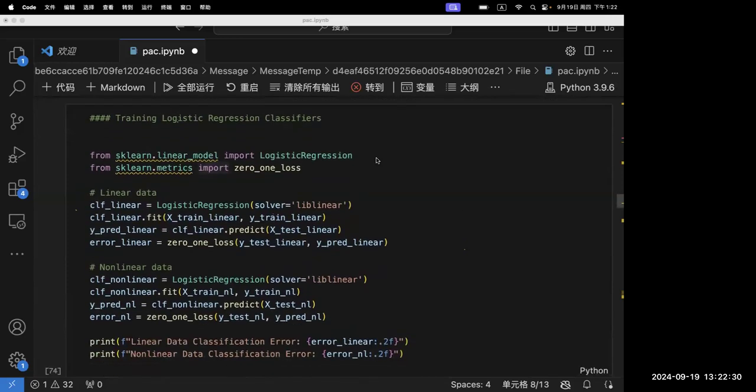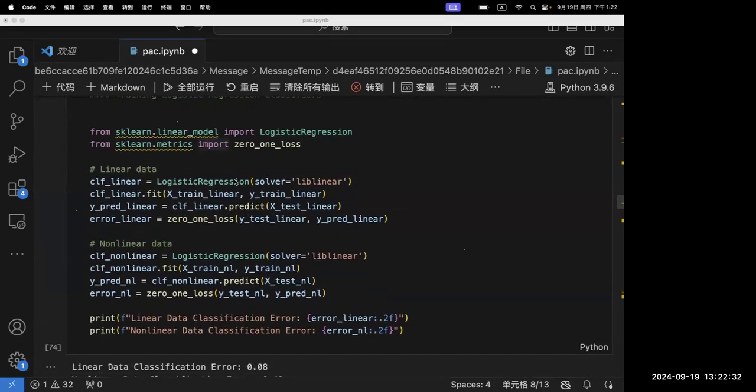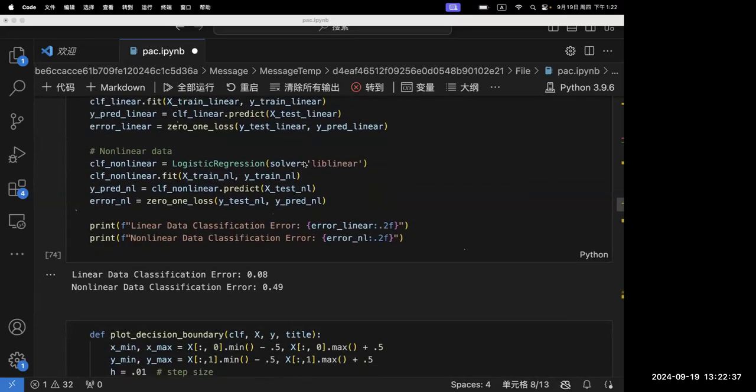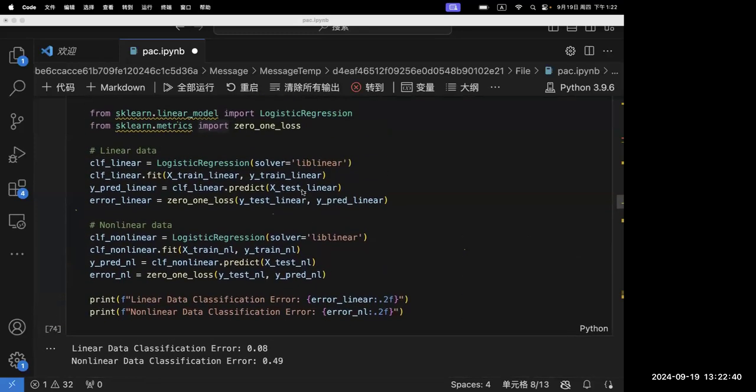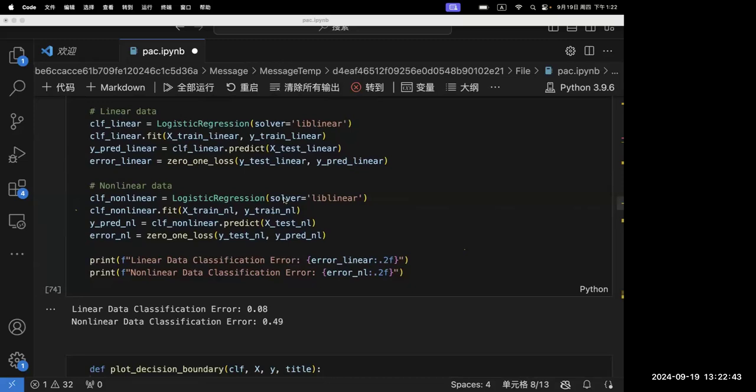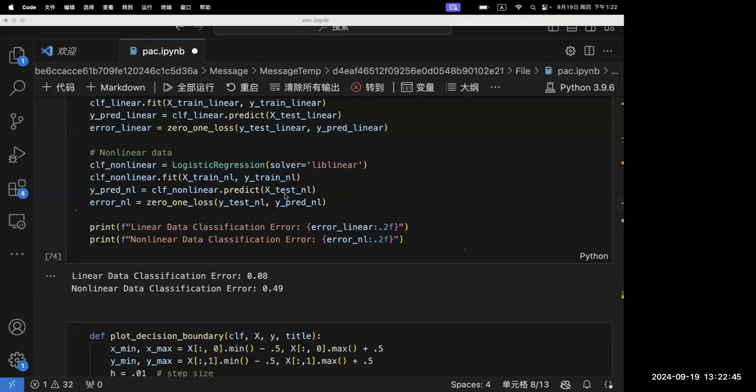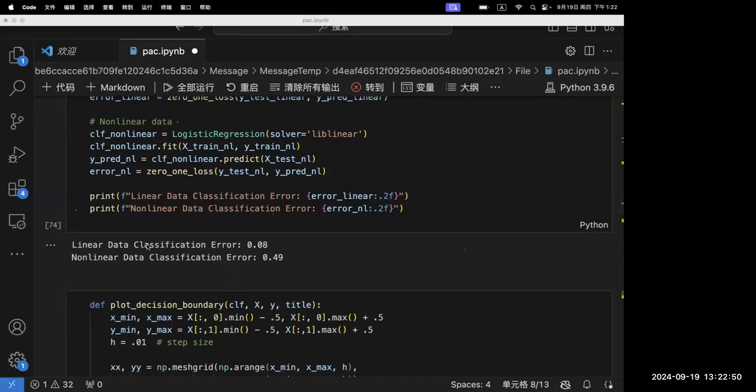Okay, so now we will fit a logistic regression model, which is obviously linear, to these two data sets respectively, and we will have a look at their performances. For the linear data set, our logistic regression model can achieve an accuracy of around 92%, which is actually very close to the optimal error rate that it can possibly achieve, which we'll show later.